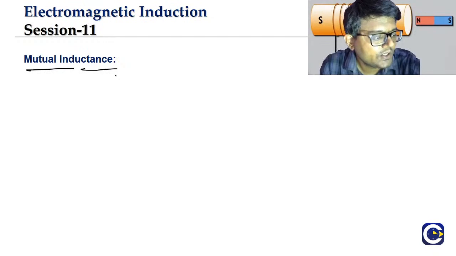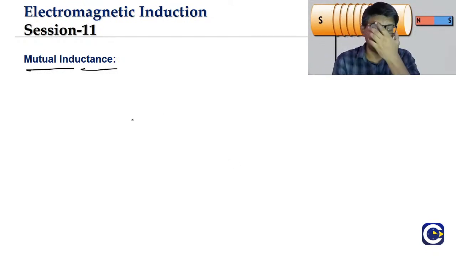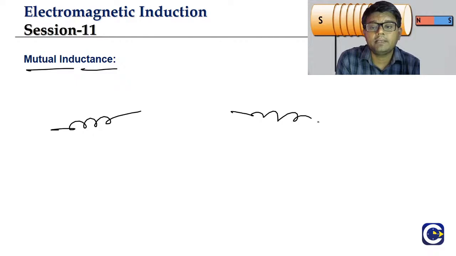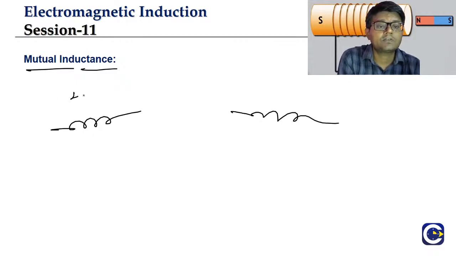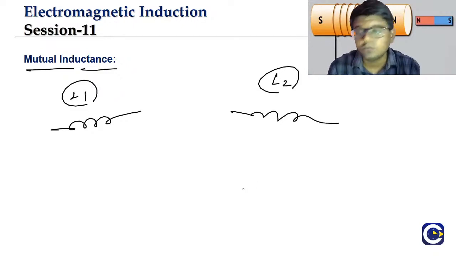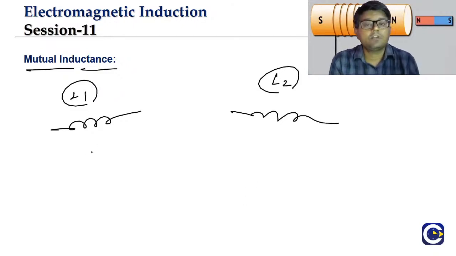So what is it? Mutual inductance, like remember we talked about it in I think session 8 as well as session 9. So if you have one coil and another coil, first coil of self-inductance L1, second coil self-inductance L2. The first coil will have some geometrical properties.